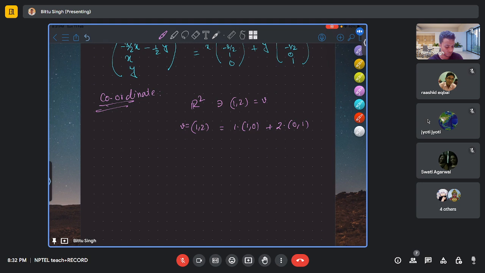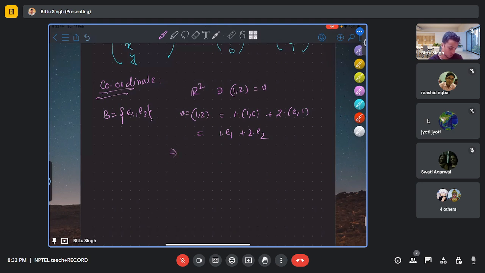Therefore, if we choose B equal to the standard basis E1, E2, then we can see that 1, 2 can be written as 1 times E1 plus 2 times E2. Hence the coordinate of V with respect to this basis will be the same as 1, 2.